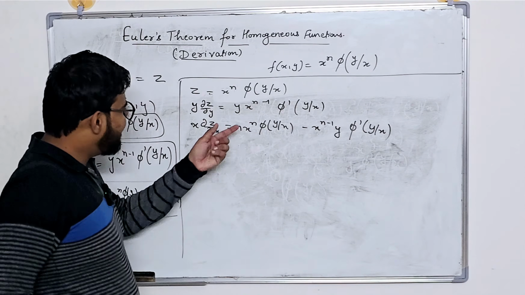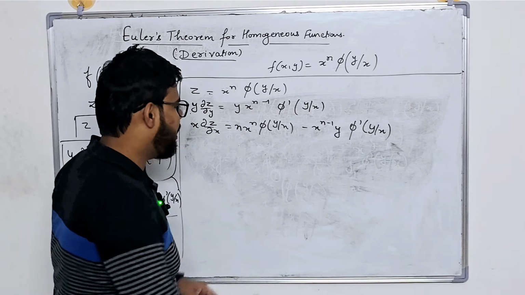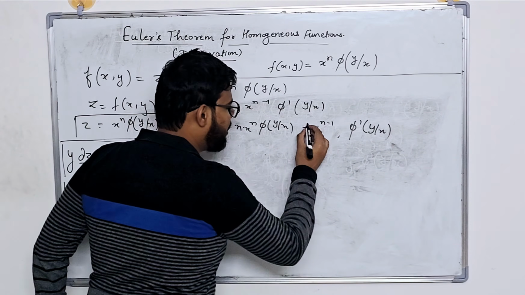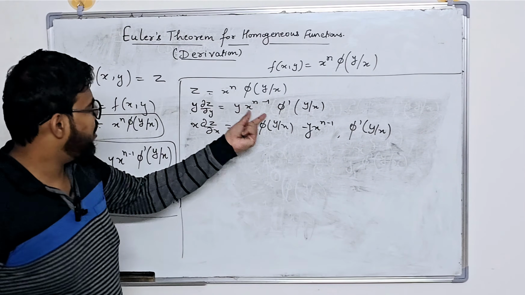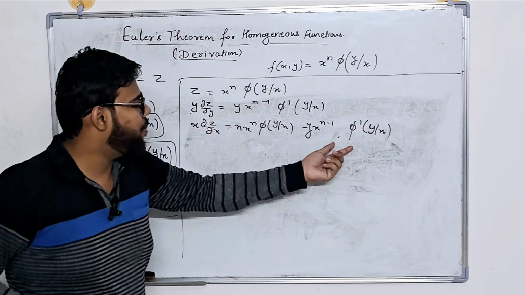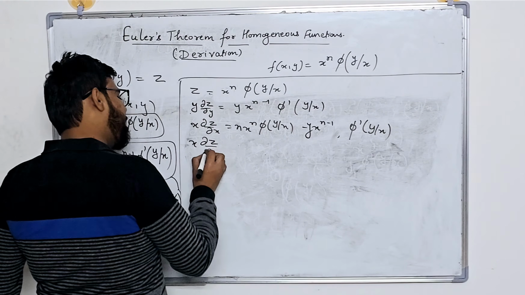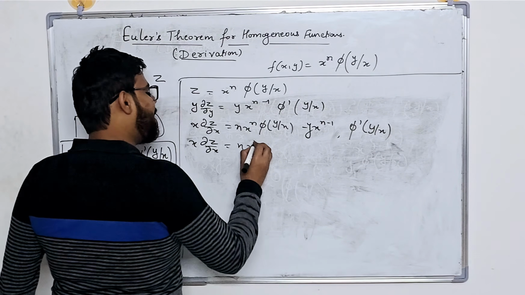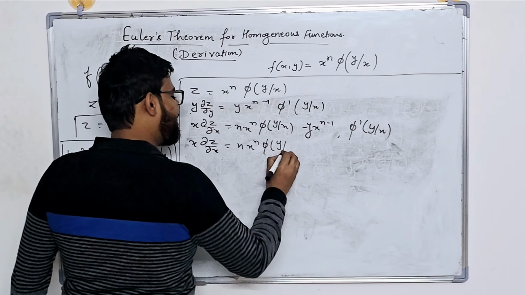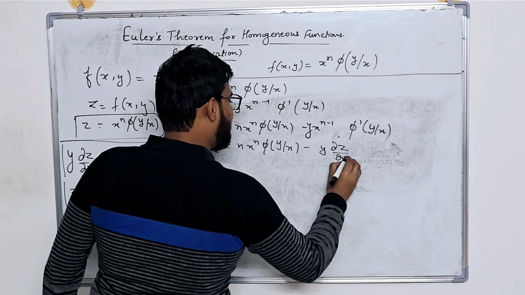And notice that this portion is exactly the same in both, which means we can write x del z by del x is equal to n x to the power n phi of y by x minus y del z by del y.